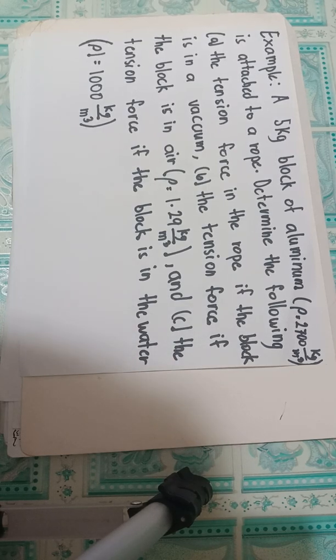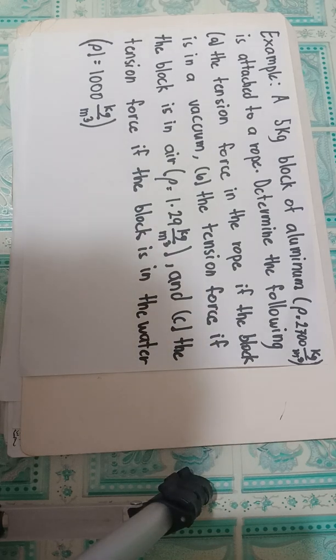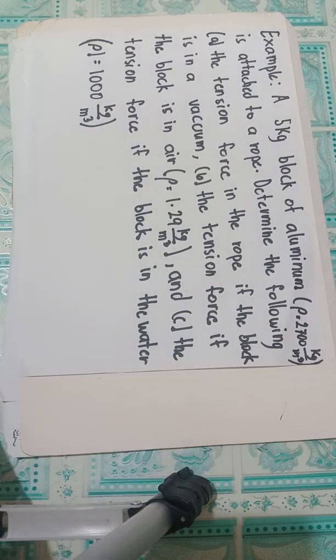B. The tension force if the block is in air and the density is 1.29 kilograms per cubic meter. And C. The tension force if the block is in water with a density of 1,000 kilogram per cubic meter.